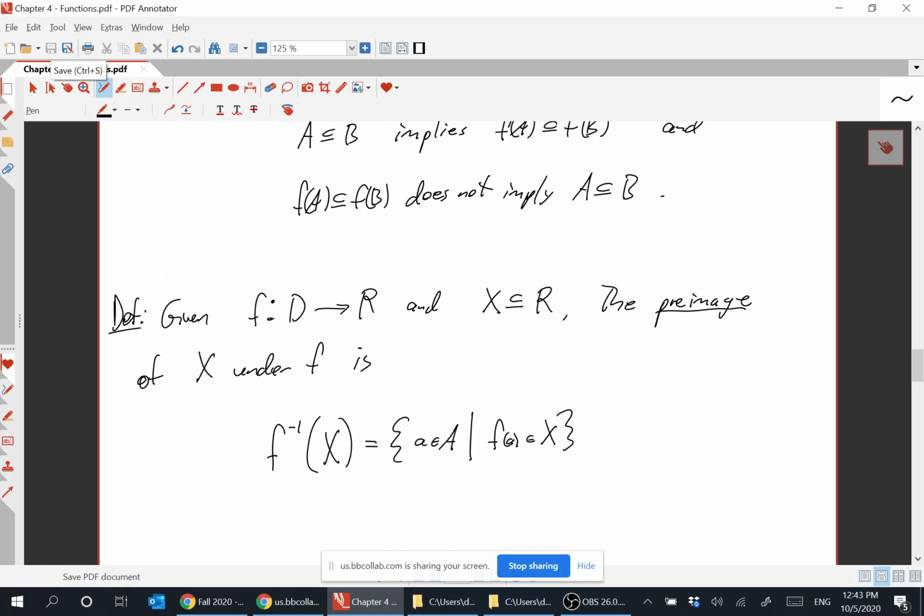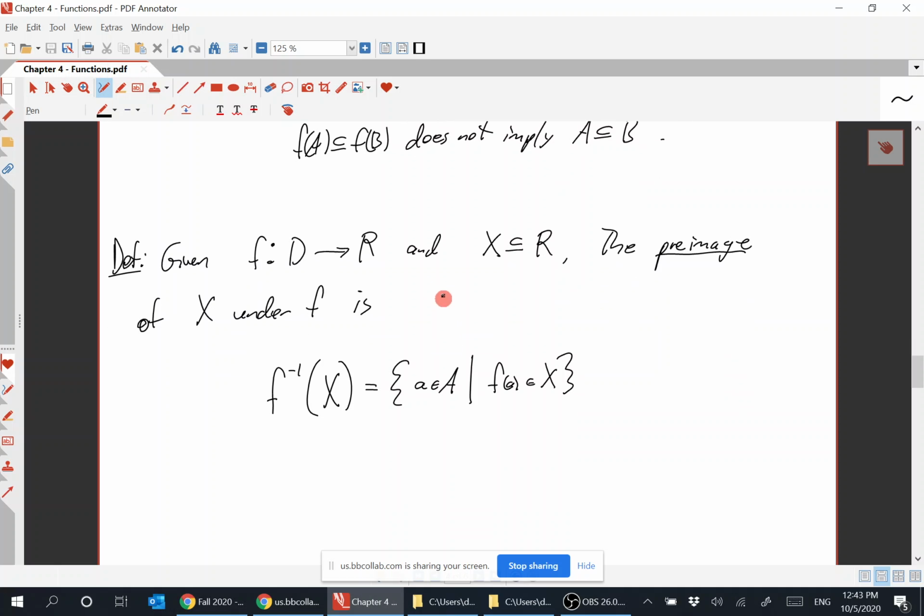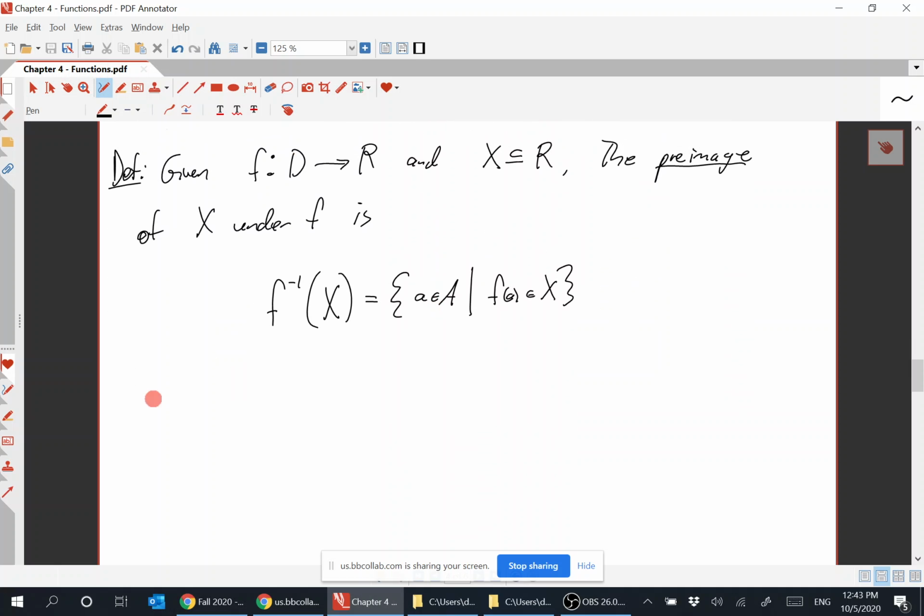This is not an inverse function. Given a function f, inverse functions don't necessarily exist. They usually don't. Only under certain prescribed circumstances do they ever actually exist. This is a pre-image. Notice that f inverse of X is what?